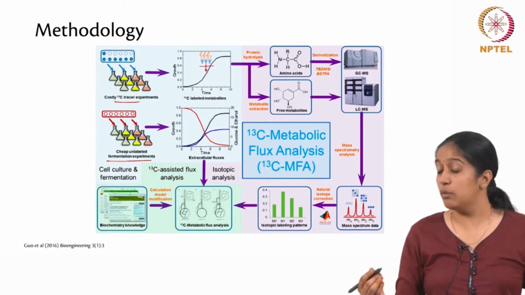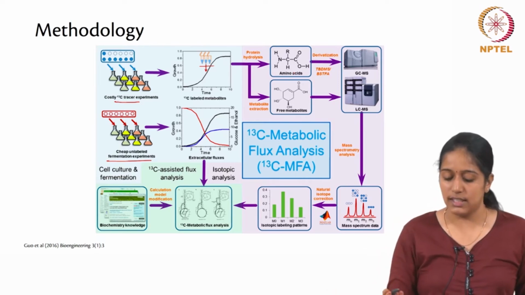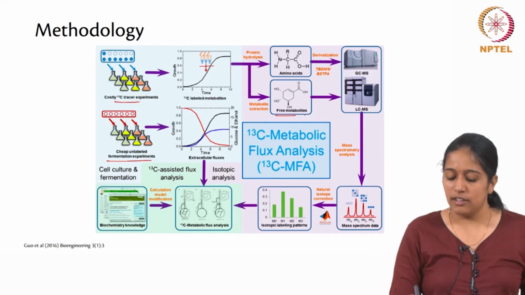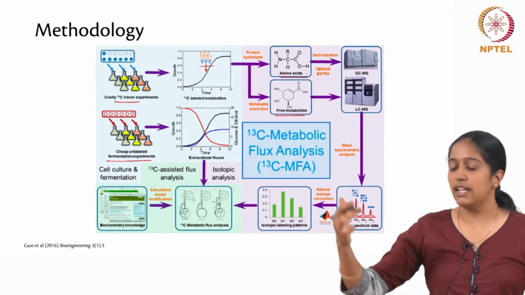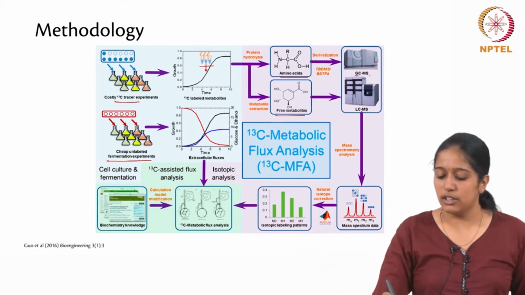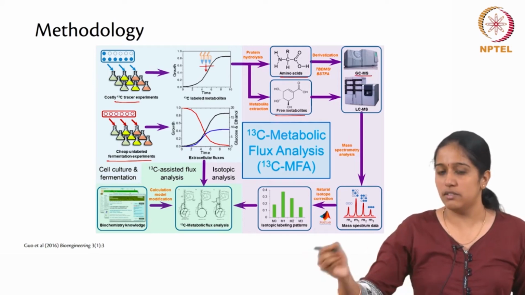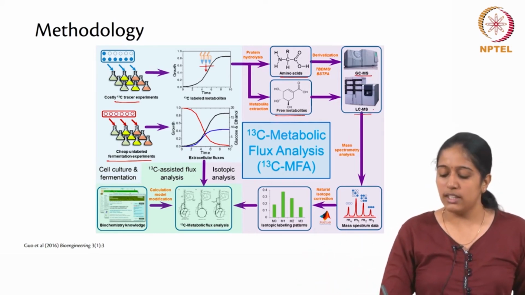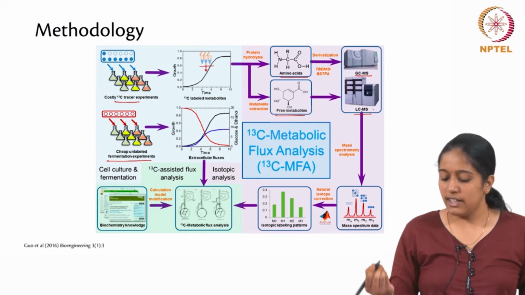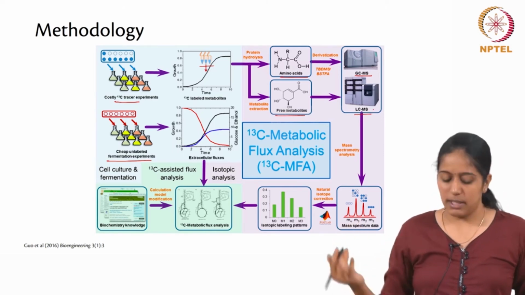I will come to why you want to use only amino acids in the next few slides, and also see the free metabolites. So, you basically take the biomass, hydrolyze it, get the amino acids, do further processing by GCMS, about which we will come to in the next slides, and also analyze the free metabolites through other techniques like LCMS, and then find out the labeling patterns.